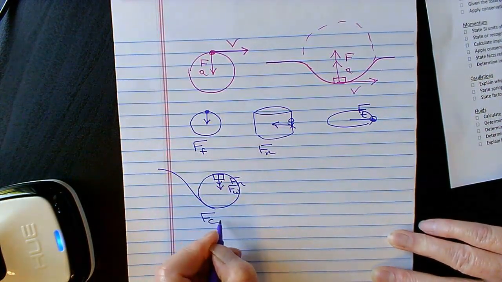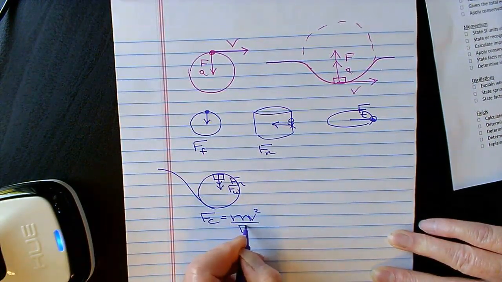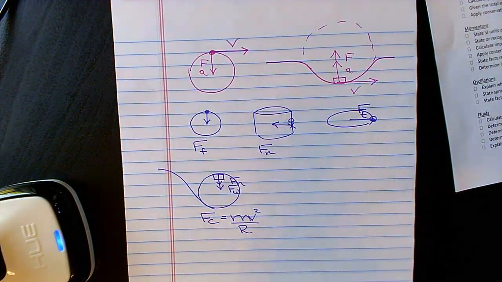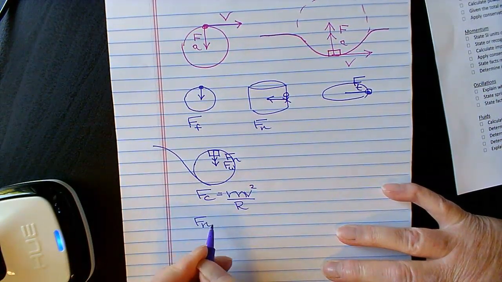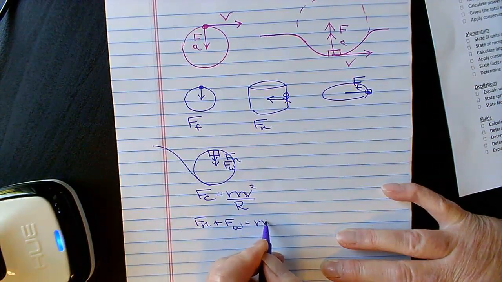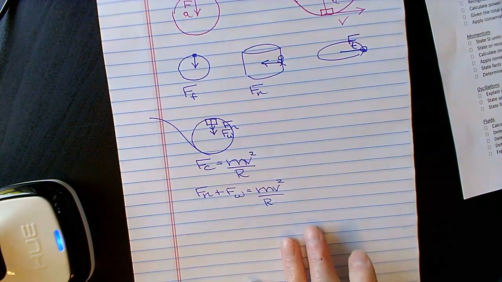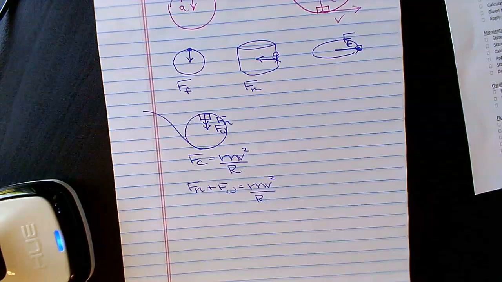And so when we use the centripetal force equation, mv squared over r, the centripetal force means the net force going towards the center of the circle, and that would be FN plus FW equals mv squared over r. We don't have to solve that equation for anything right now. We just need to know how to write the mathematical relationship.